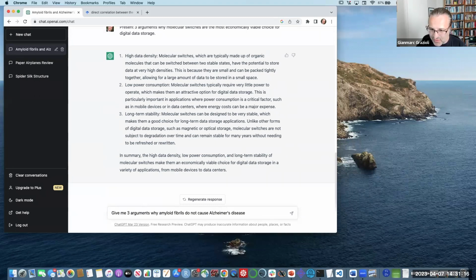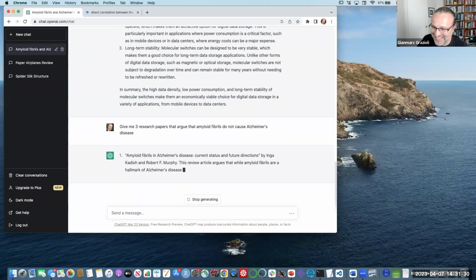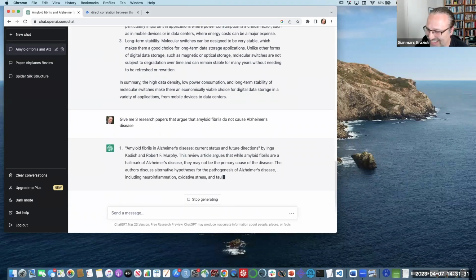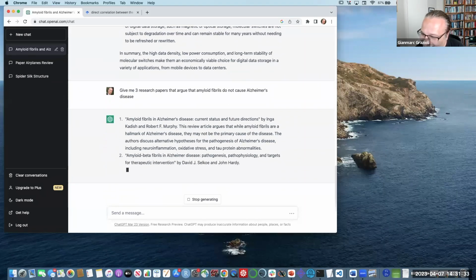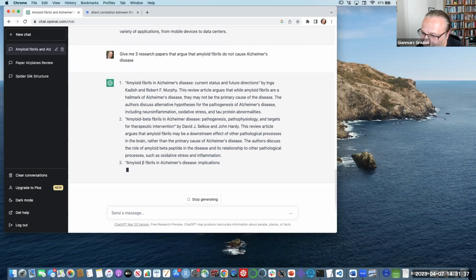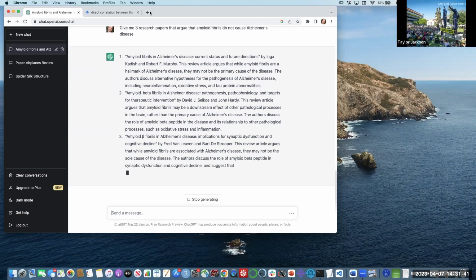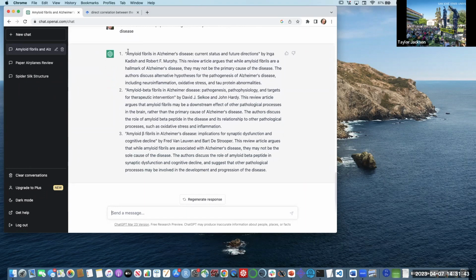Give me 3 research papers that argue that amyloid fibrils do not cause. Oh my God, let's see if this works. Yep, toothpaste is out of the tube. So there it is. Oh my God, there they are.